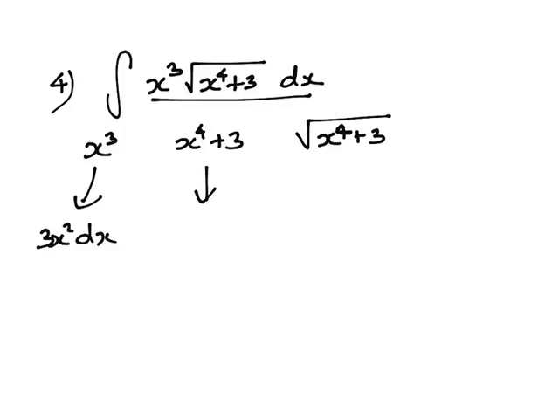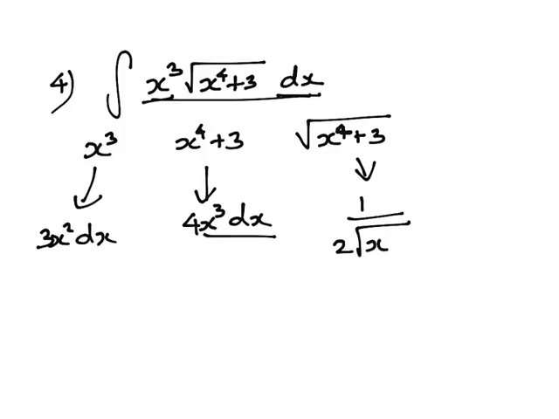If I take x power 4 plus 3 as t, then dt will be 4x cube dx. Now you can see that we have this x cube and dx. And if I take the square root as t, then the derivative will be, using the chain rule, 1 by 2 root of x power 4 plus 3 multiplied with 4x cube dx.